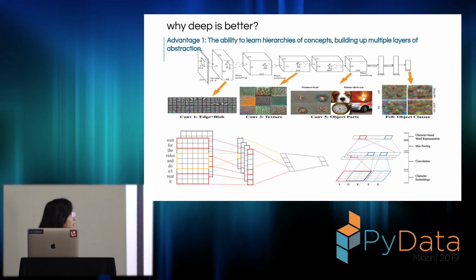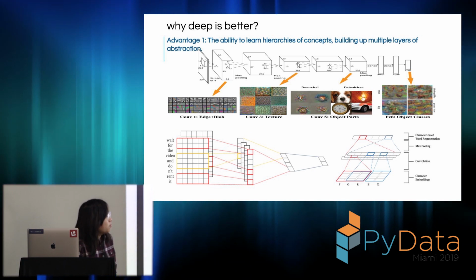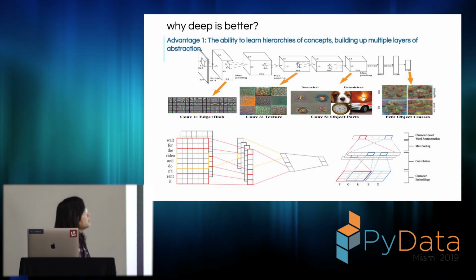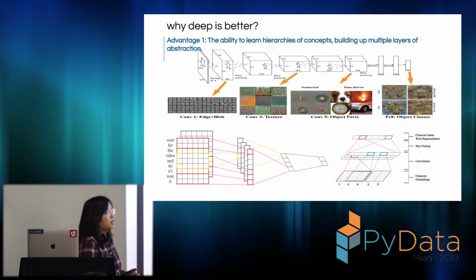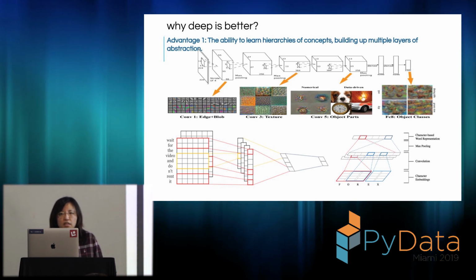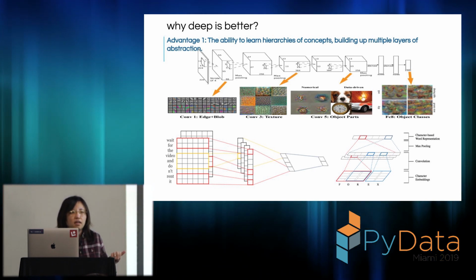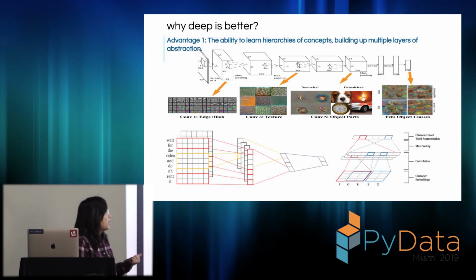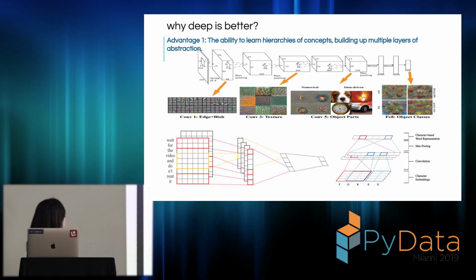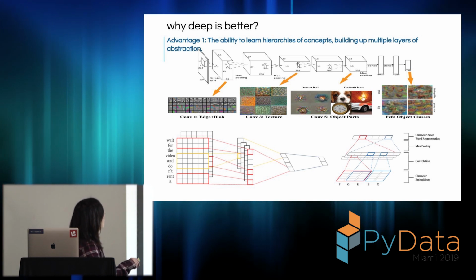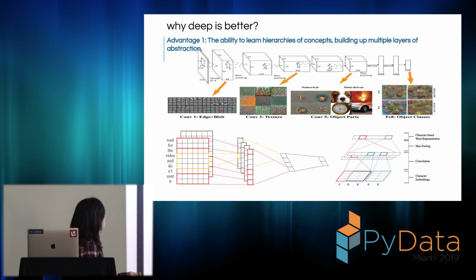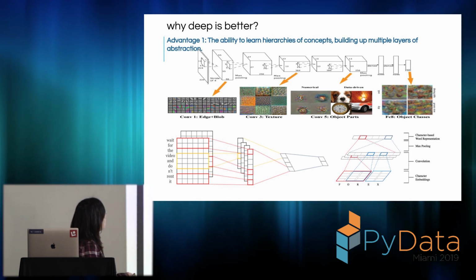What's the benefit there? There are a few famous theories. One of them is the ability to learn hierarchies of concepts, building up multiple layers of abstraction. This is also the way a lot of real-world data is constructed, especially image and text. For example, the picture in the first part shows how a CNN can find the features of a picture.